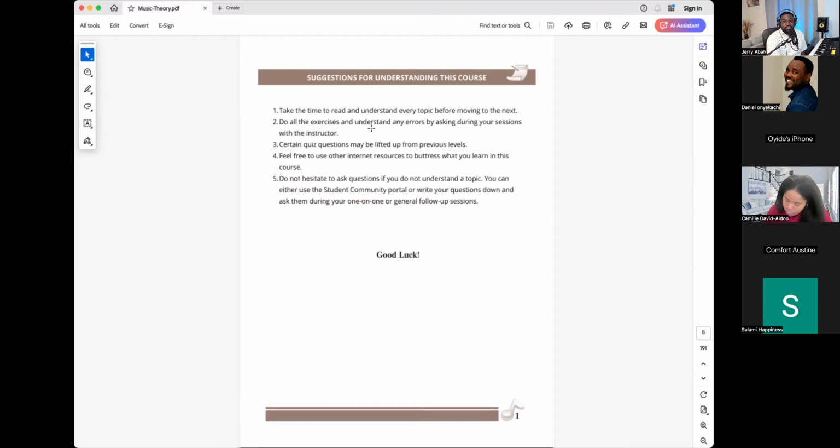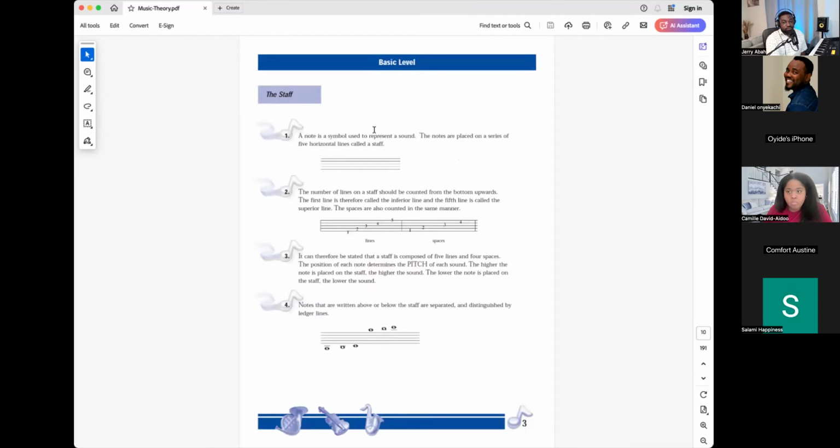We'll take a look at the basic level and do the class work together, and then maybe challenge ourselves to go and work on it.